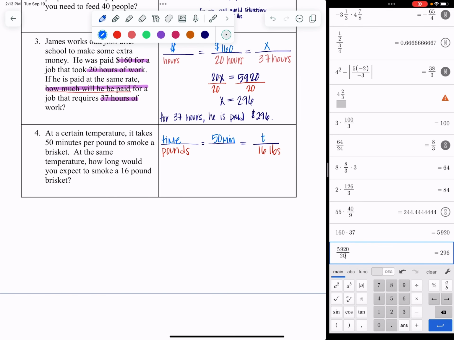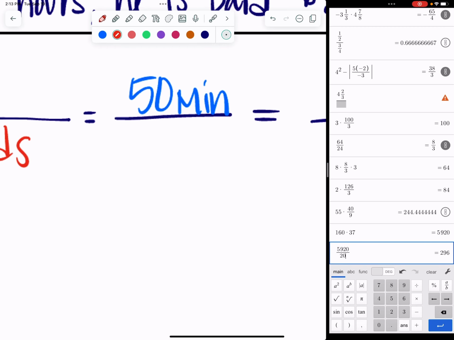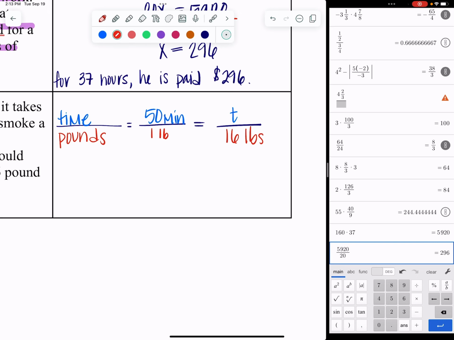Per pound. Well, that's sneaky right there, because what you are not told, it's sort of implied that we're only looking at 1 pound. That's a tiny little brisket. Do those even exist? Okay.